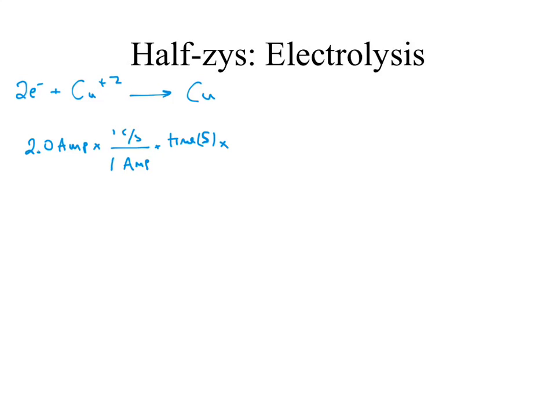To do this, an old famous guy happened to come up with a way to relate the amount of charge in a mole of electrons. This is known as Faraday's constant, 96,485. Sorry, I did that wrong. We want to get rid of coulombs and turn it into moles of electrons.